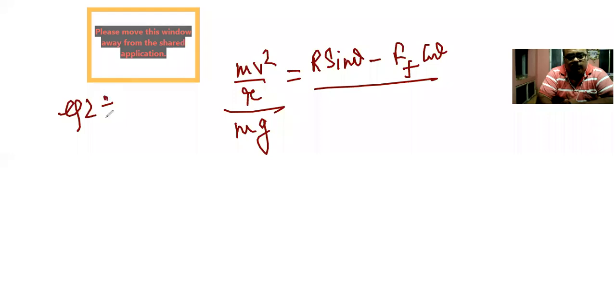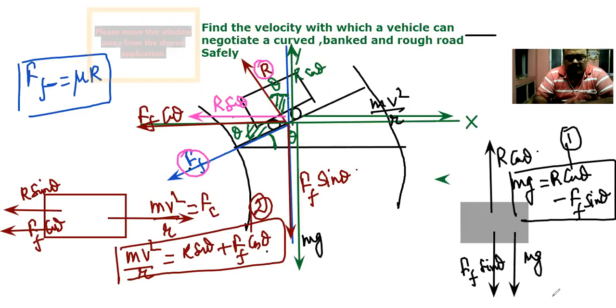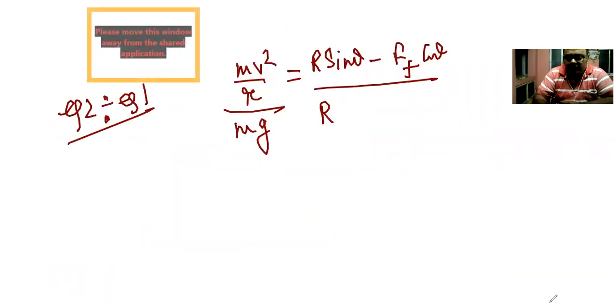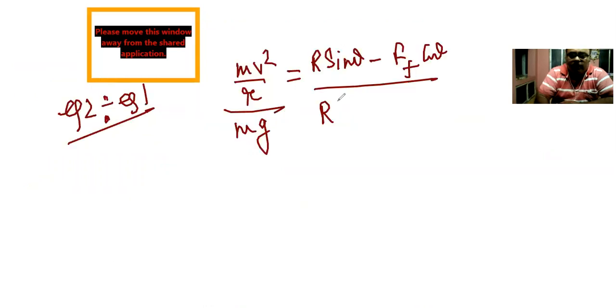So equation 2 divided by equation 1. So I'll get over here R sine theta, and in this case, this is mv square by r and mg. So this will be R cos theta minus frictional force sine theta.